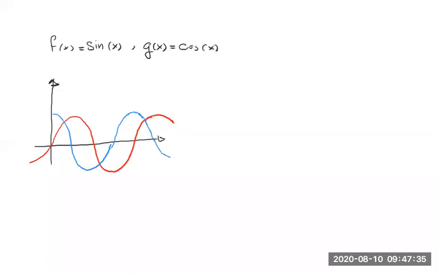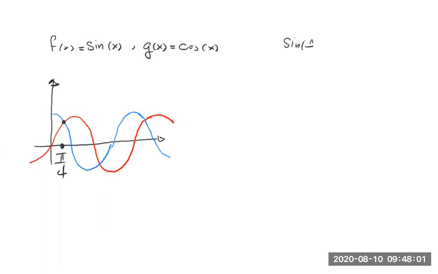There are some points which they would intersect. One of these intersections is at pi over 4. You see the graph of the two functions intersect at this point, pi over 4. We know that sine and cosine of pi over 4 are equal.